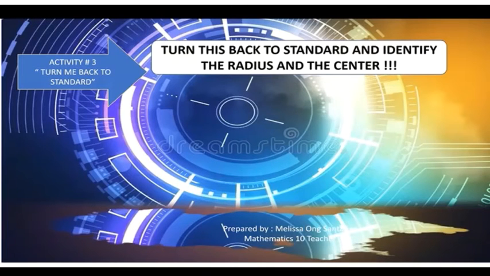So that's why I gave a specific example of how to turn the standard equation, or illustrate the center-radius form of the equation of the circle, with the given coordinates for the center and the radius.